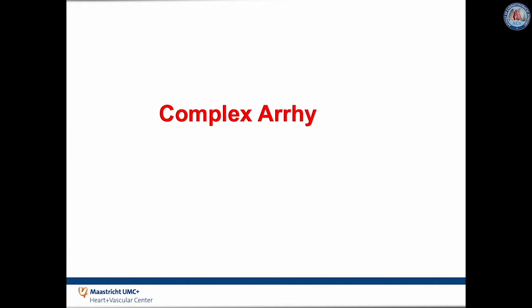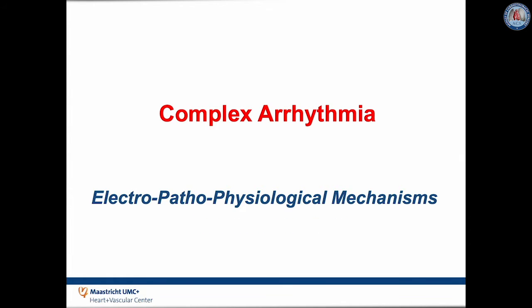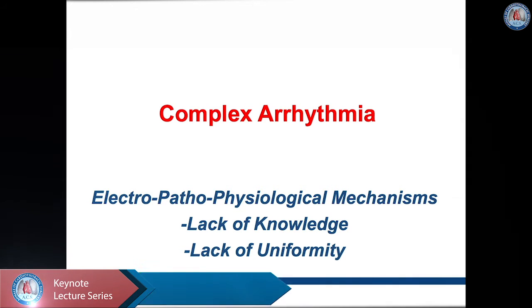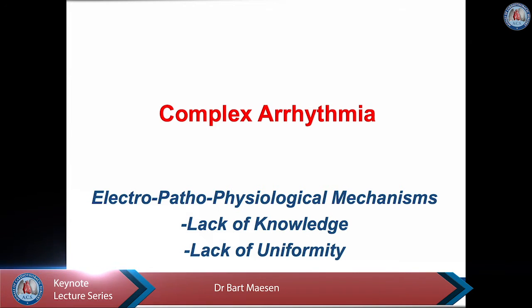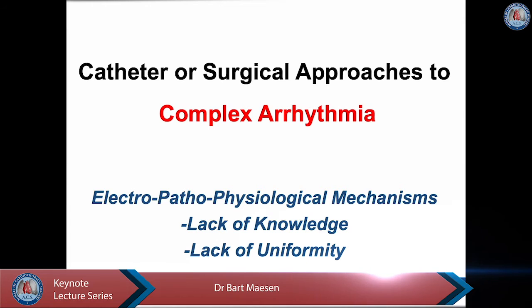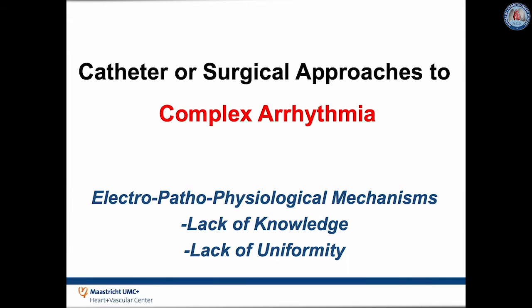So atrial fibrillation is a very complex arrhythmia, and it is very difficult to design a patient-tailored or patient-individualized therapy because there is a lack of knowledge and a lack of uniformity of the electropathophysiological mechanisms underlying atrial fibrillation. And to date, we have two big approaches to treat this arrhythmia: the catheter or the surgical approach.